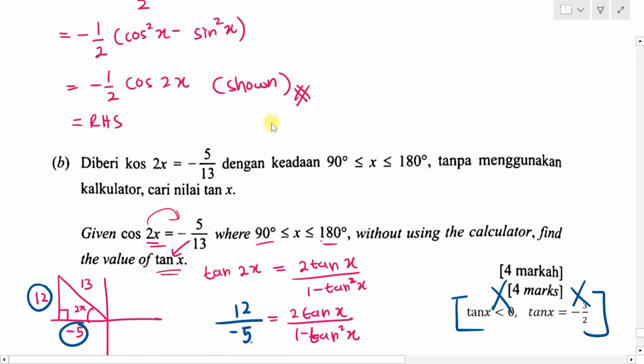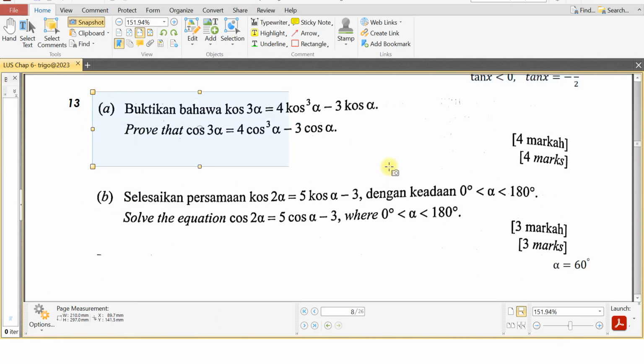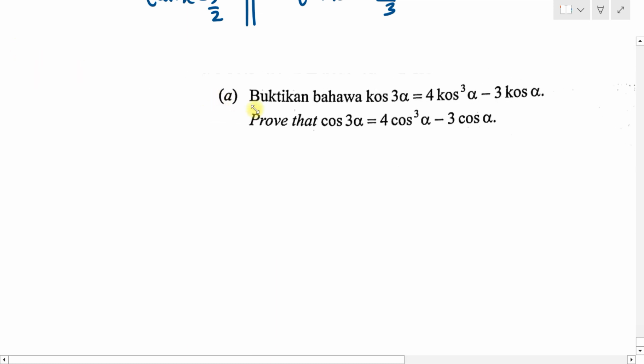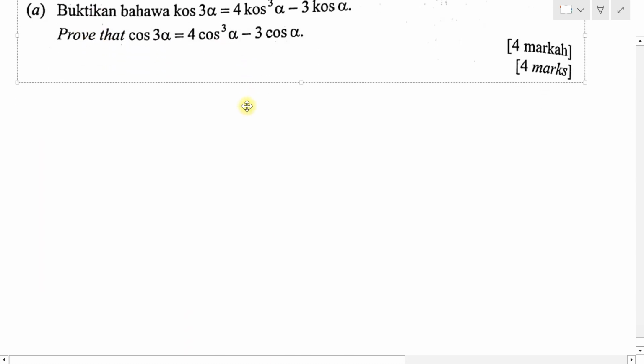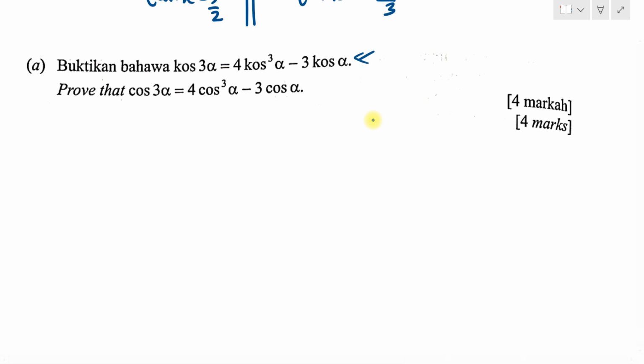So question 13. Few more to go. Proving. Okay. So proving cos 3 alpha is like this. Alright. So we prove from the left hand side. Left hand side is equal to what?